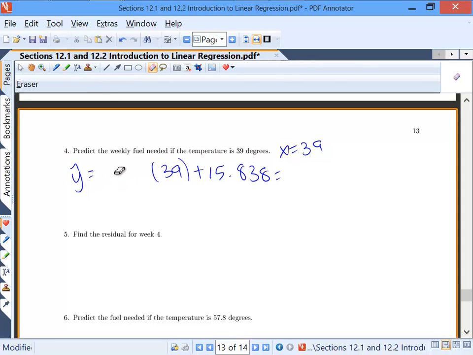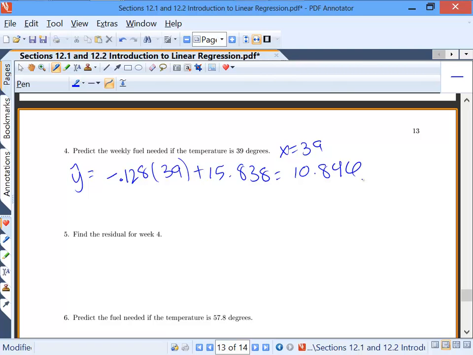I keep adding that negative sign, I even type it. So 10.846, that's the predicted mean.